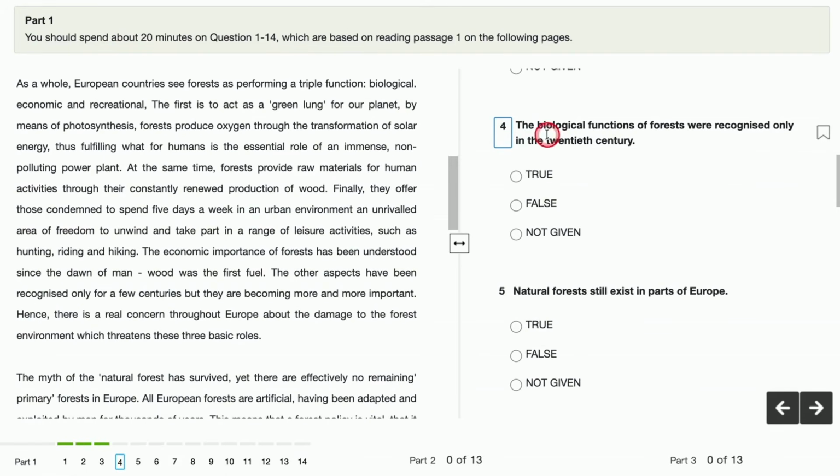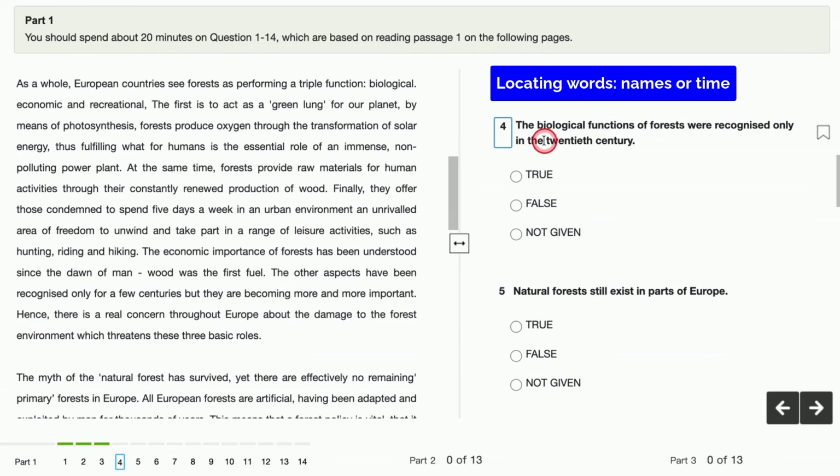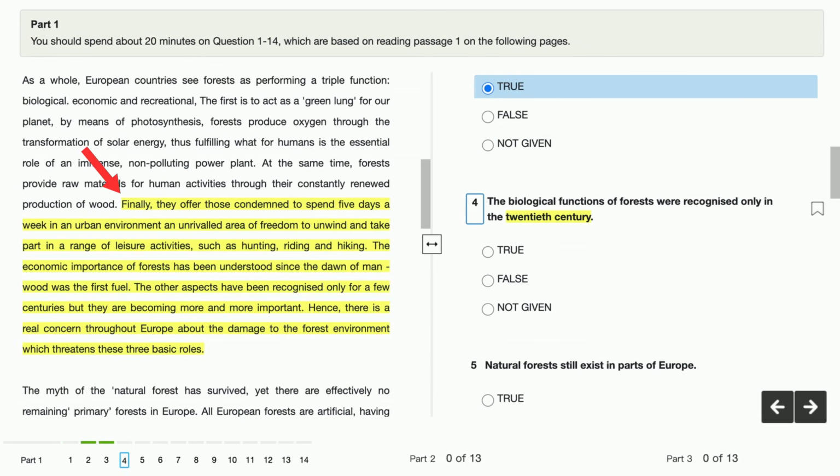Next one. The biological functions of forests were recognized only in the 20th century. Obviously, we can use the time 20th century to locate the answer. Now, let's continue reading this paragraph and see if it mentions 20th century. Finally, they offer those condemned to spend 5 days a week in an urban environment an unrivaled area of freedom to unwind and take part in a range of leisure activities, such as hunting, riding, and hiking.